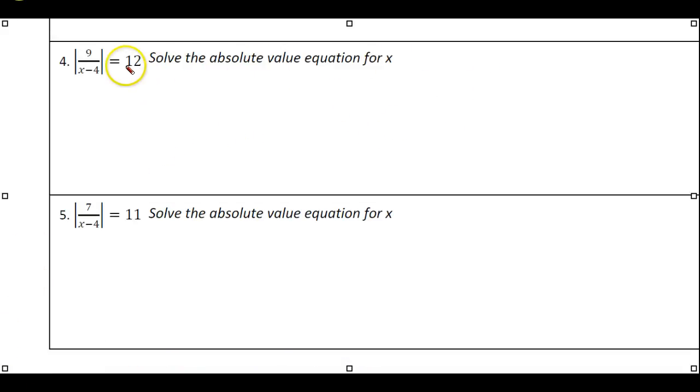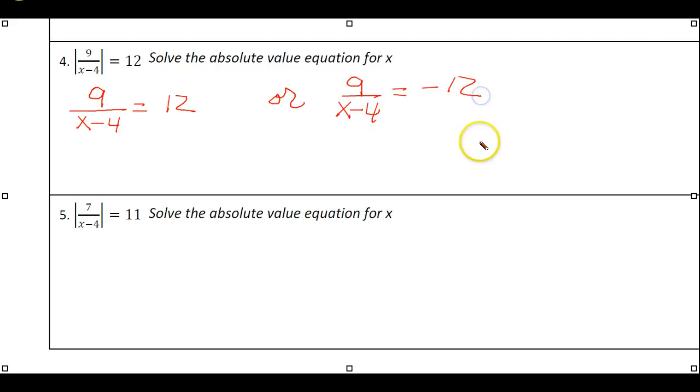All right, again, setting this up the same way. 9 over x minus 4 equals 12. Or 9 over x minus 4 equals a negative 12. And the technique we can use here is we can just cross multiply.